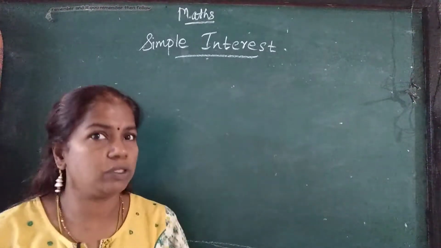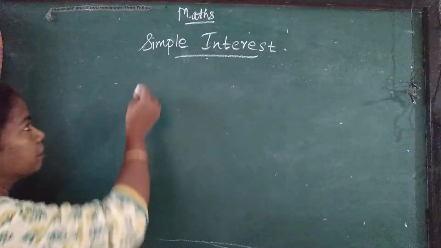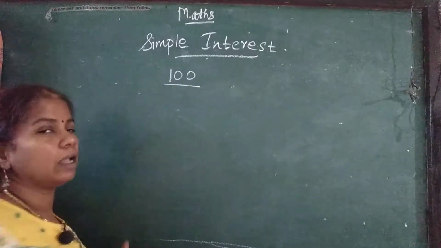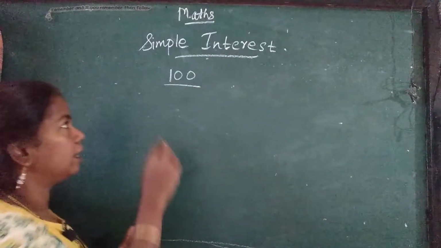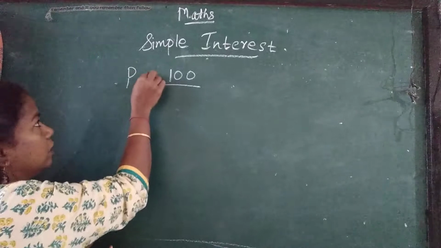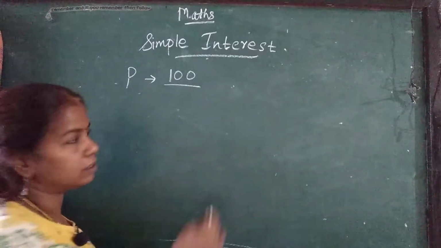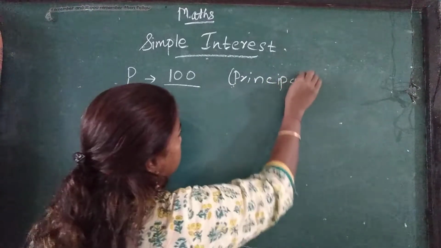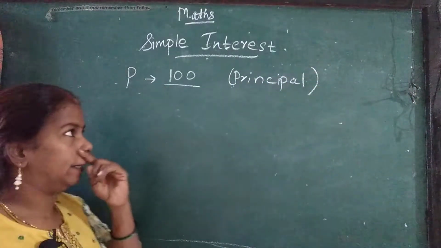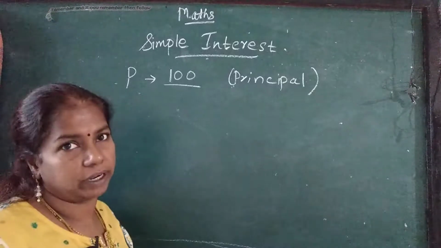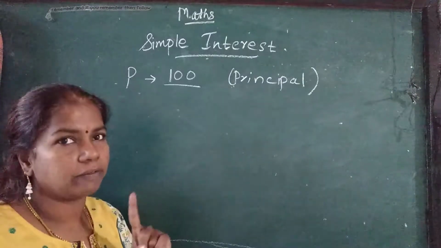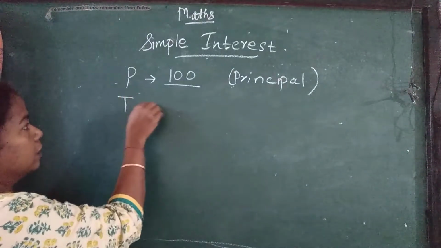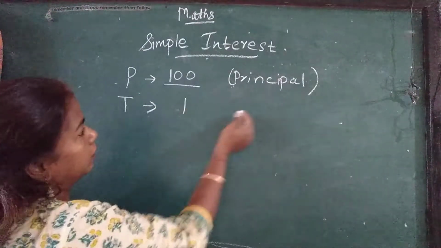Now let me put it in numbers. Suppose I borrowed 100 rupees. How much have I borrowed from my friend? 100 rupees. So this I will call P. P means principal amount. Now, when I want to return to my friend after 1 year, the time is 1.